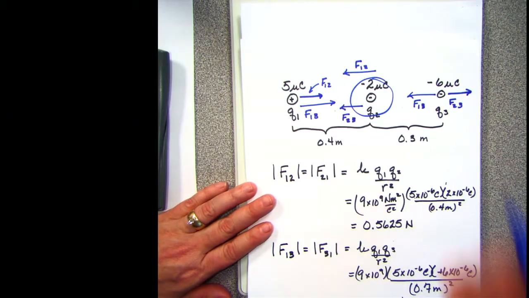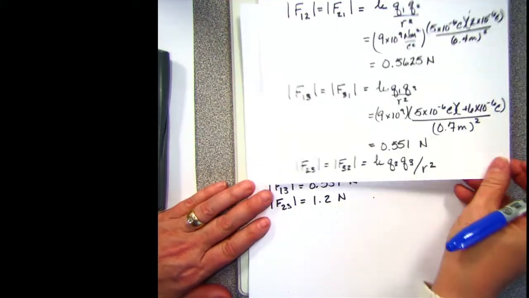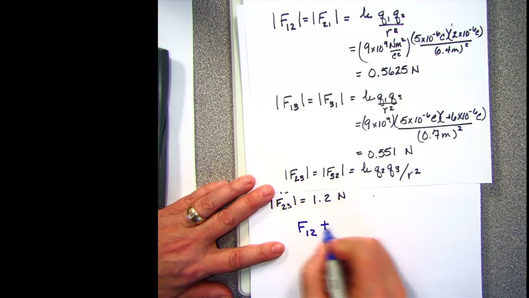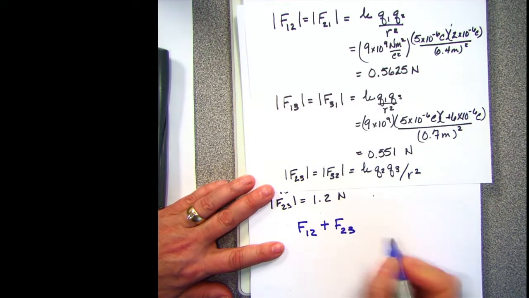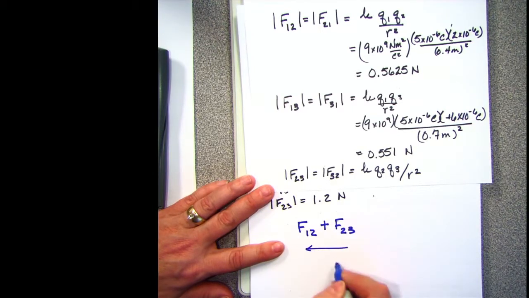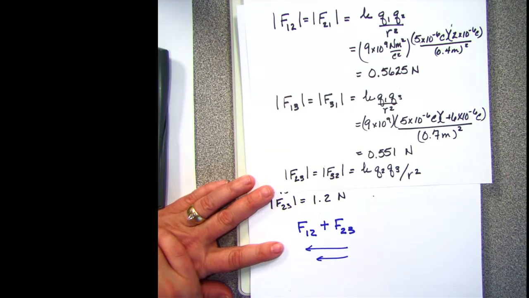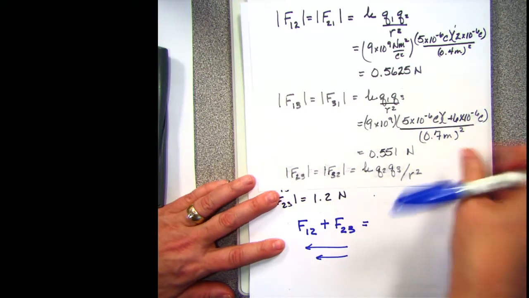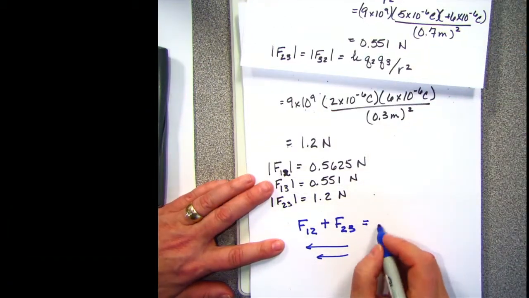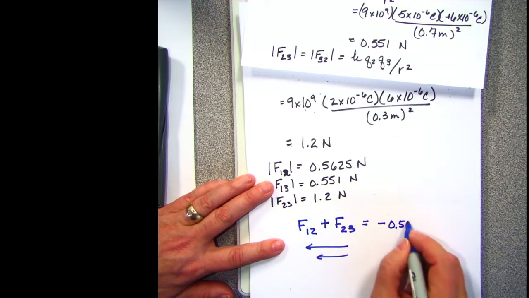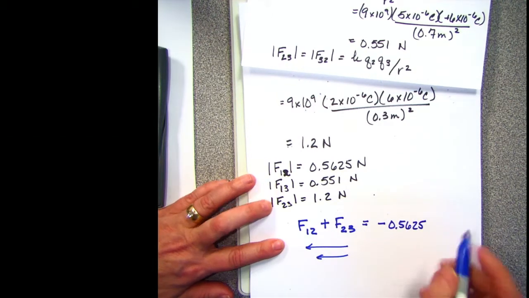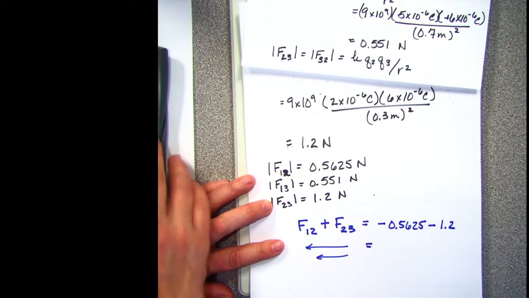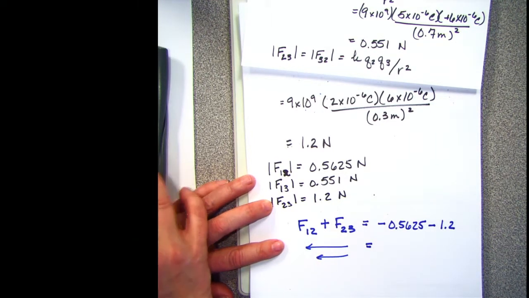So now if I want to calculate the force here, I'm going to look at the force 1, 2 plus the force 2, 3. But this time they're both going to be adding vectors that look like this. So I'm going to put in here a negative 0.5625 and a negative 1.2 to give me the actual resultant force.